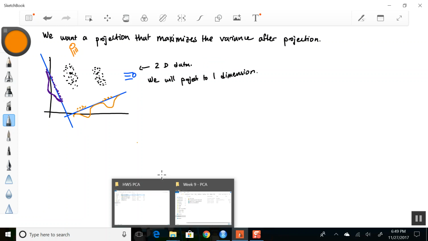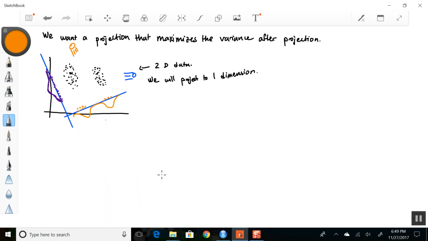Okay. And which of these densities has more variance? Obviously the bimodal one will have more variance, right?